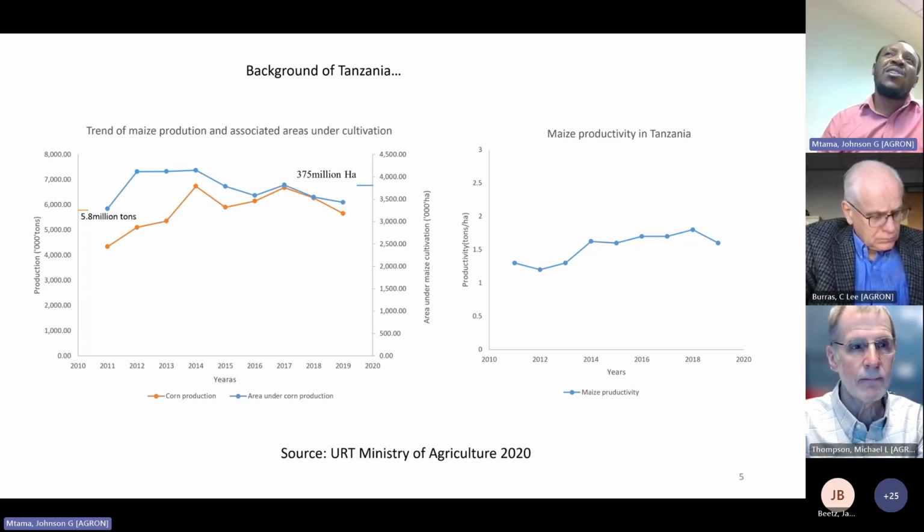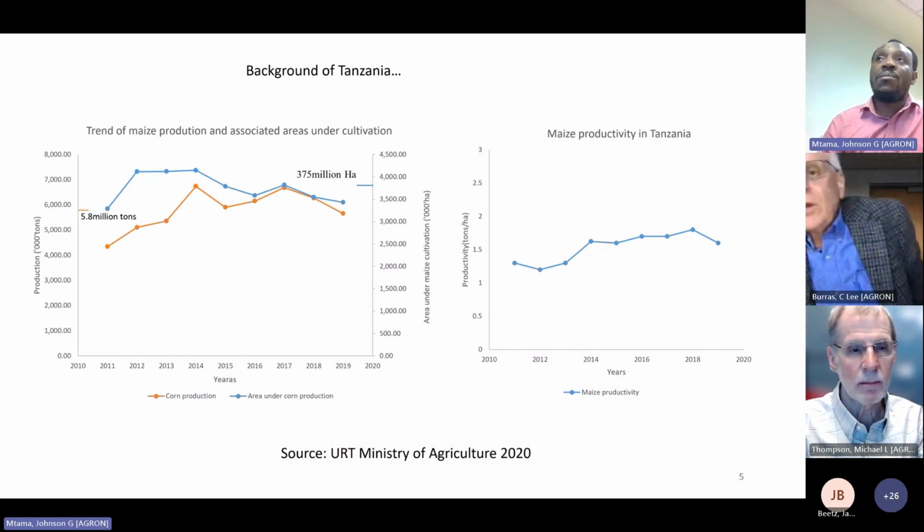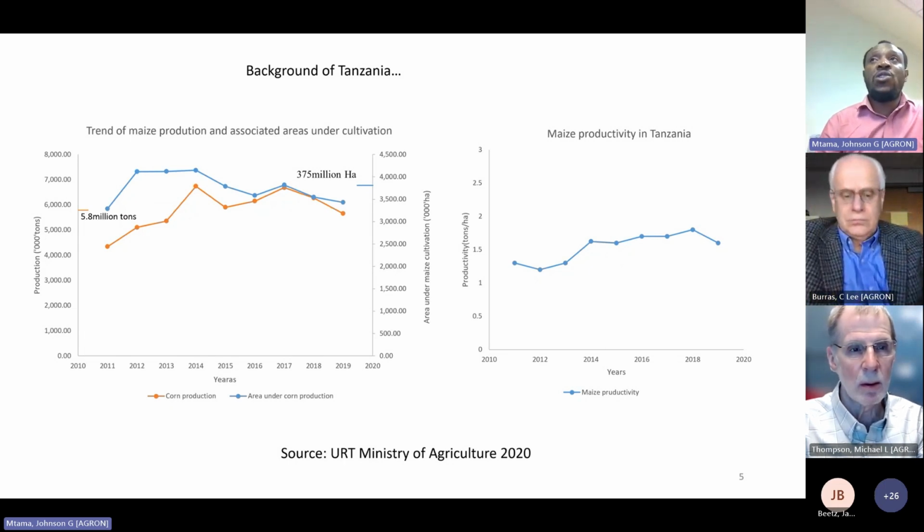If we work out the productivity from the land cultivated and the amount of harvest attained in this period, we get very low productivity, around 1.5, as shown in the graph on the right-hand side of my slide. So this sends a very strong message, because this is very low productivity in the country, as opposed to the potential that we have.